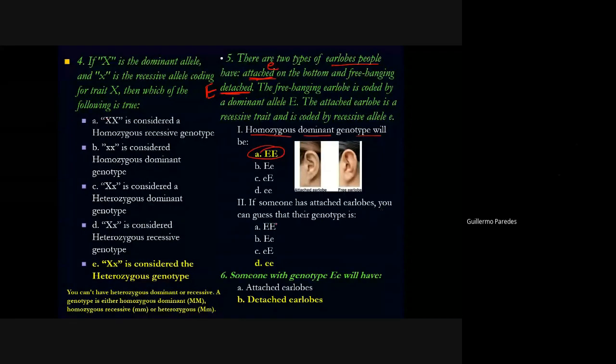Even if they have the recessive here, it's overshadowed by the dominant, so it's going to be detached. The only way they can be attached is with lowercase e e. Okay with that?